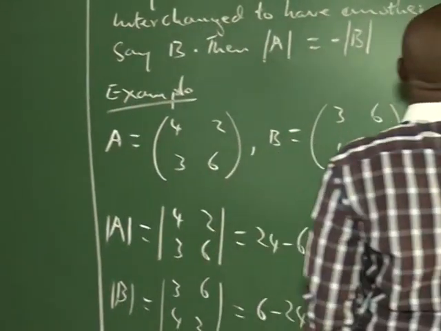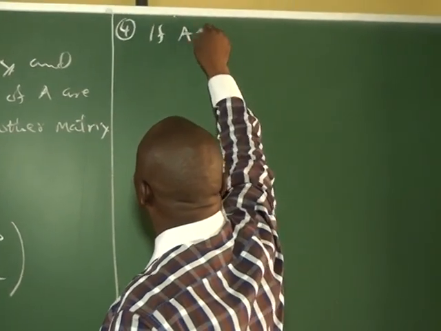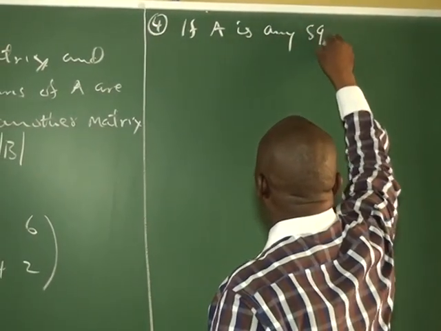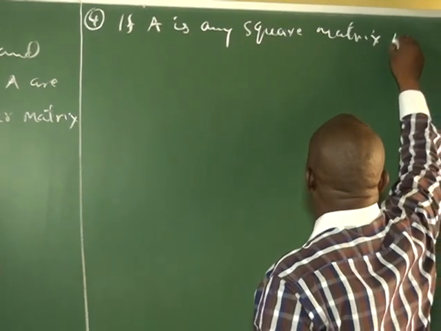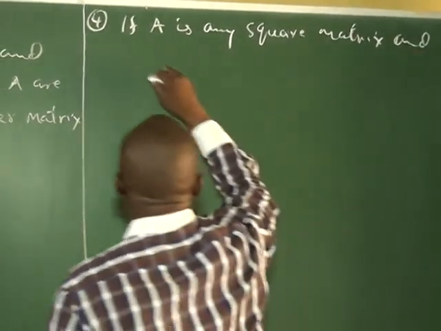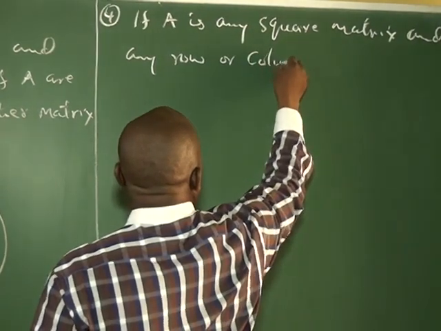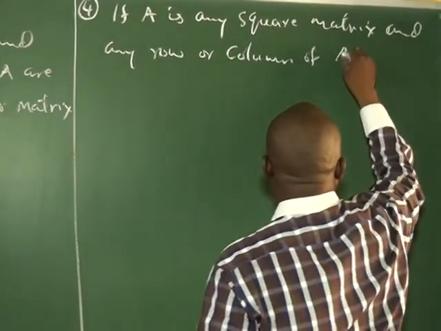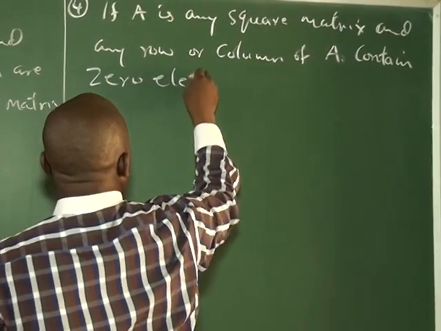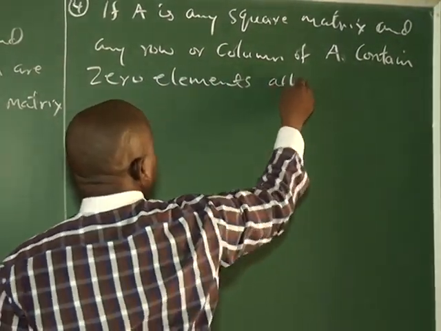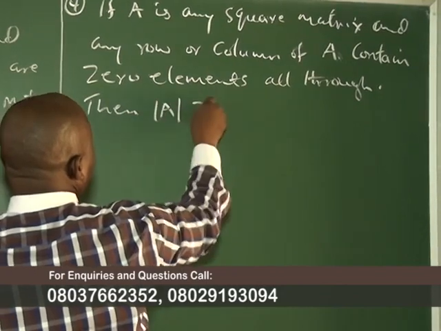All right. There are other properties, and that takes us to property number 4: if A is any square matrix and any row or column of A contains all 0 elements, then the determinant of A will be 0.